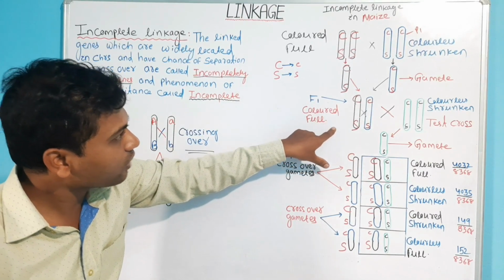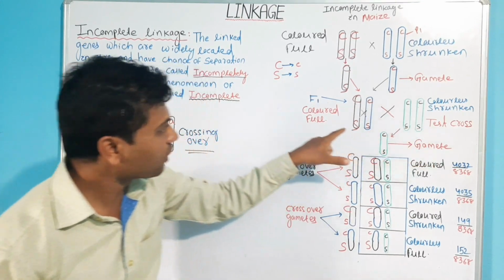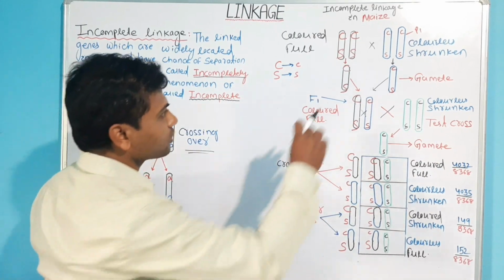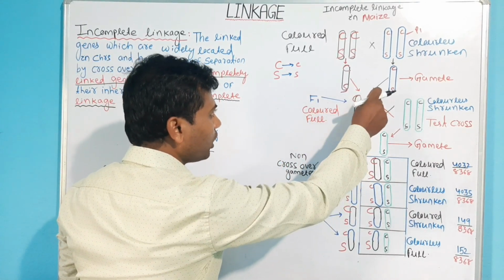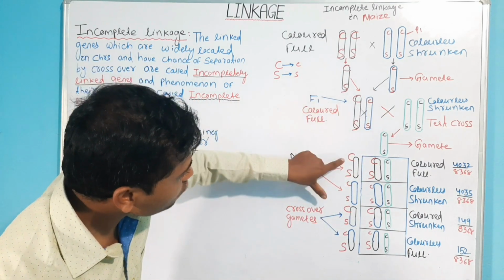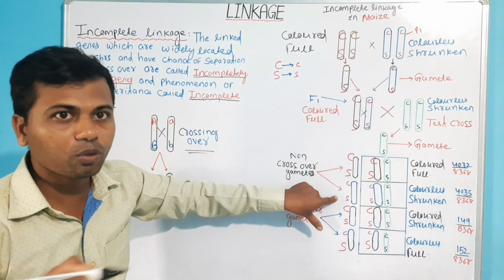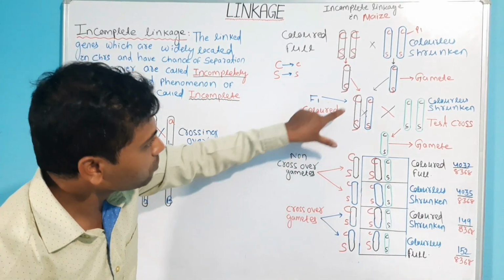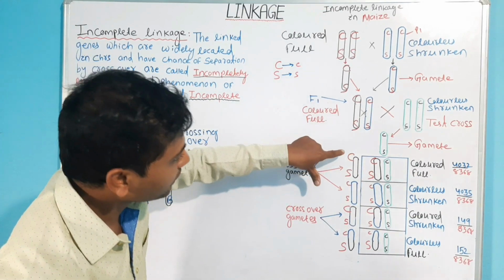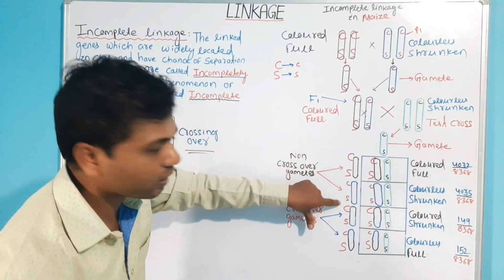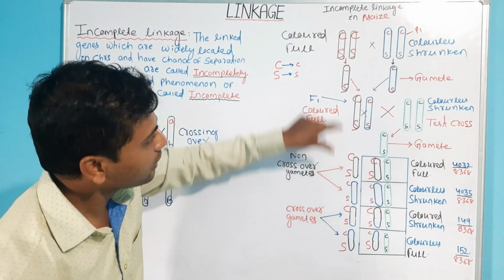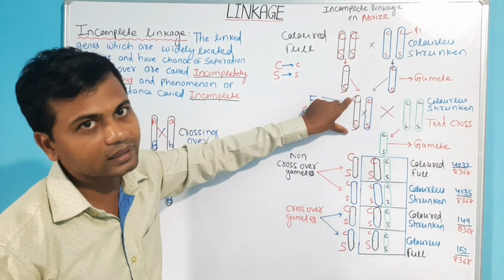When this F1 hybrid is test crossed, it forms 4 types of gametes because the distance between the gene for color and the gene for shape is more. The first 2 gametes are the non-recombinant or parental type because they carry the same combination of alleles: capital C, capital S, and small c, small s, exactly similar to the parental combination.